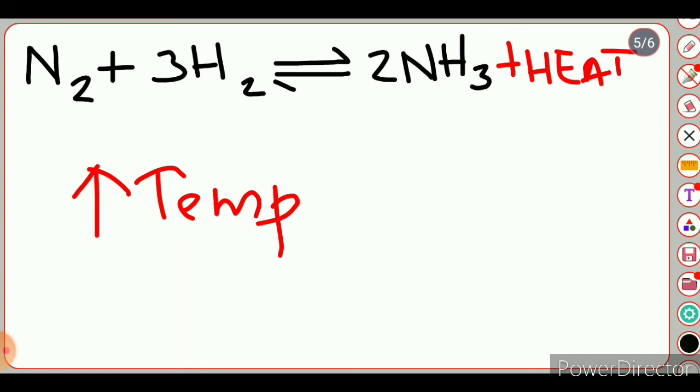So the system will try to decrease the heat. To decrease the heat, it will move to the reactant side. So the system will increase the rate of backward reaction. On increasing the temperature, the system will increase the rate of backward reaction.